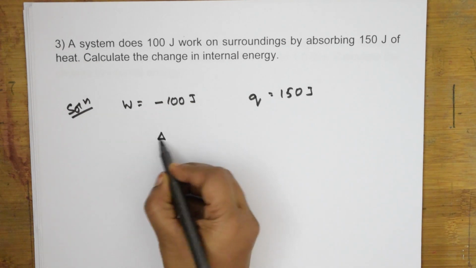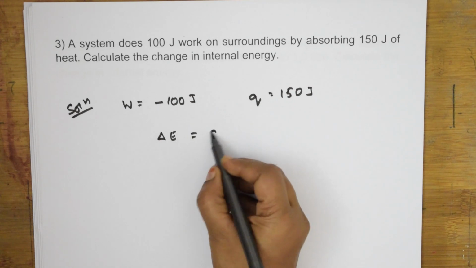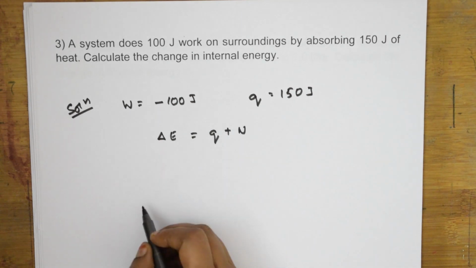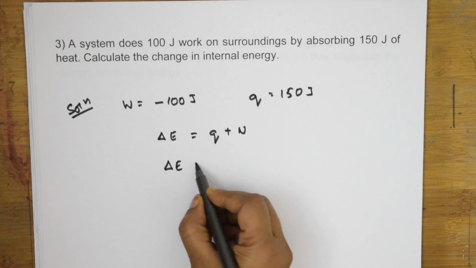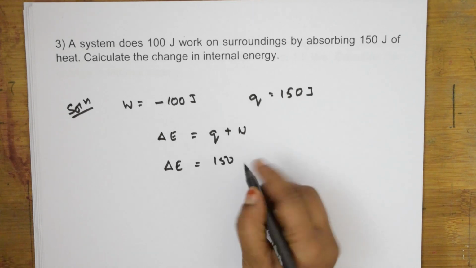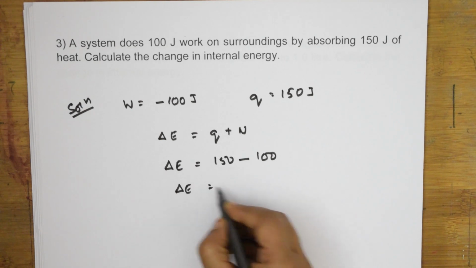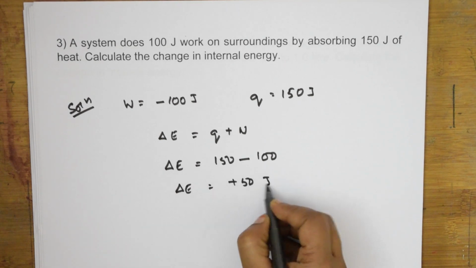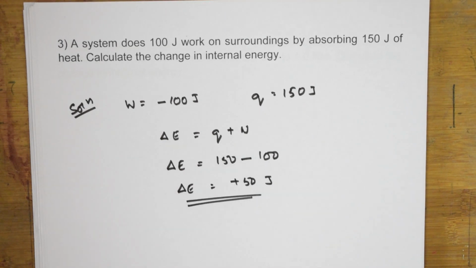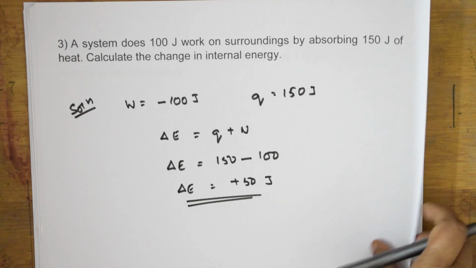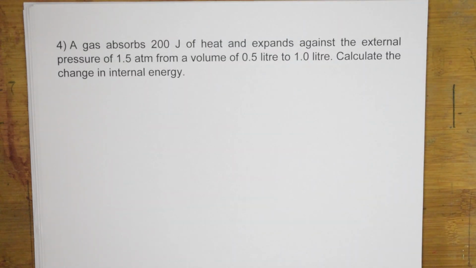Delta E is equal to Q plus W, which is 150 minus 100. Delta E is equal to 50 joules. That's it.